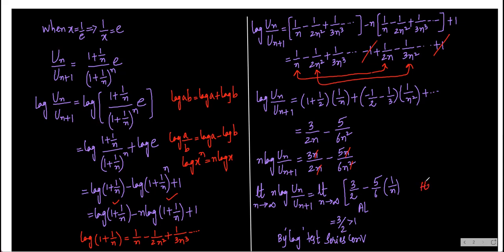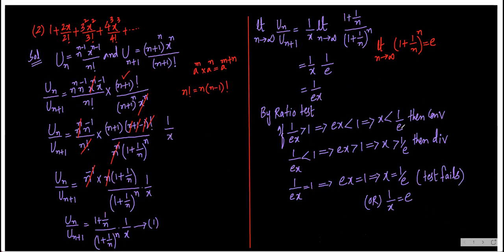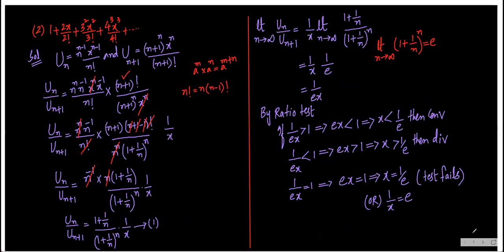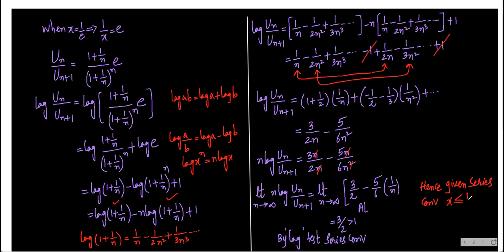Hence the given series is convergent when x is less than or equal to 1 by e, because equal to also we proved. And divergent when x is greater than 1 by e. That is the end of this problem and the end of this class also.